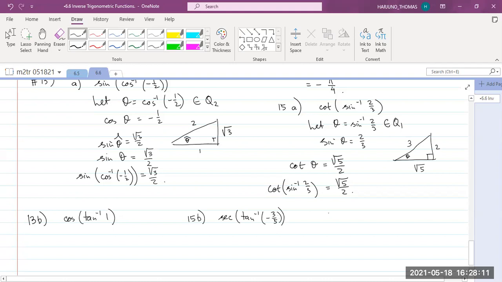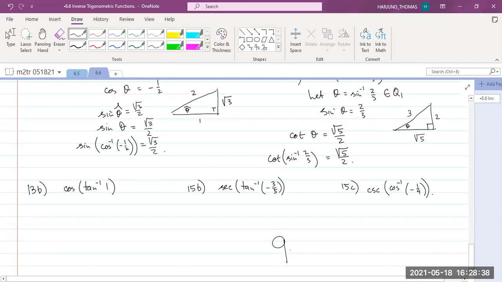And 15c, what is cosecant of cosine inverse of negative 1/4? Now I want you to do these 3 problems. It will take you approximately 5 minutes in total, plus 10 minutes break. We come back at 9:45. So at 9:45, we are done with these 3 questions.